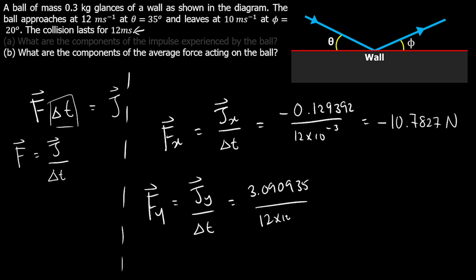So 12 times 10 to the power of negative 3, and that will yield you an answer of 257.5779 Newton. So those are the components of the average force acting on the ball.